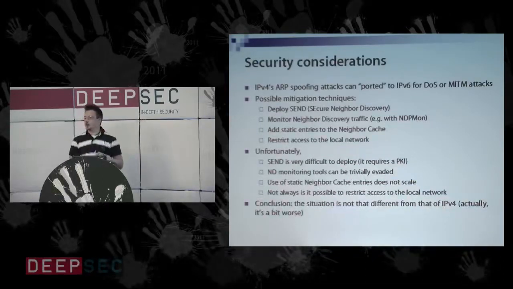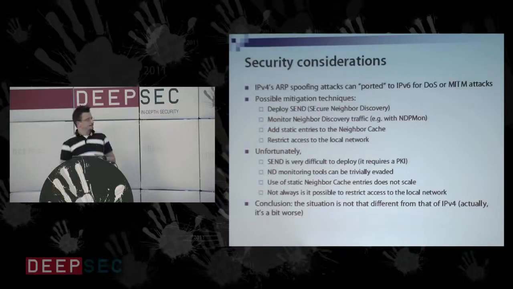These are basically the mitigation techniques that you have for these attacks. First of all is the deployment of SEND. SEND is secure neighbor discovery, which is basically adding crypto to neighbor discovery. The problem with deploying SEND, first of all, is that, for example, Windows doesn't implement it. So even if you wanted to, you are not going to be able to protect Windows systems with SEND. And also it's very hard to deploy. It basically requires a PKI and so on.